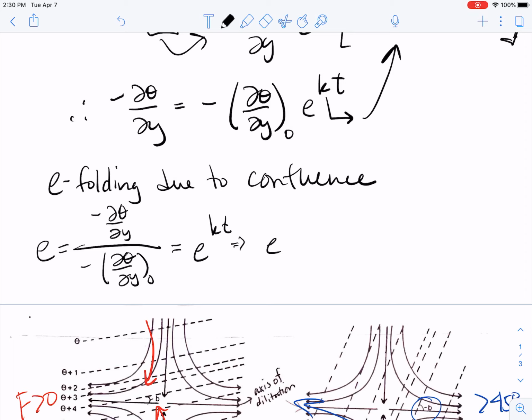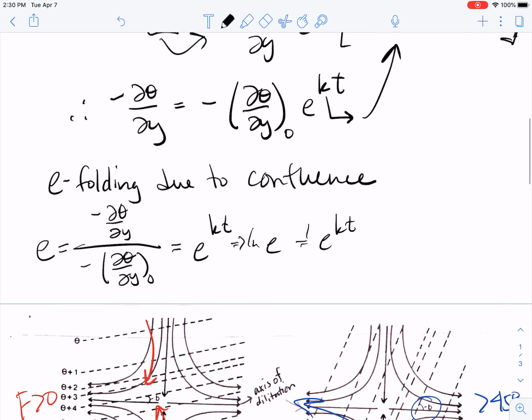So now we have e equals e to the k sub t. If we take the natural log of both sides, we can get ourselves into kt equaling 1, or t equaling 1 over k, which is going to be approximately 1 day when we figure out all that's said and done.